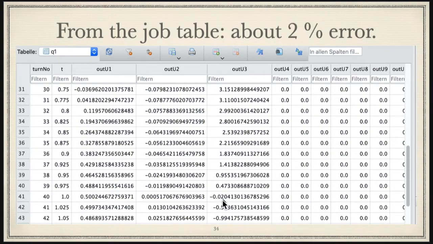This is a little bit, but it's about 2%, and that's really an error. But the software is only a solution as a proof of concept, so we accept it here.